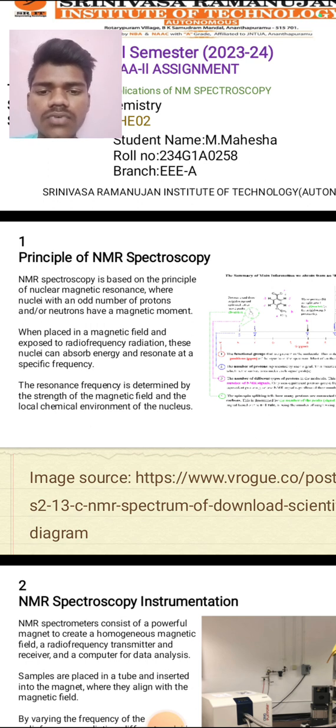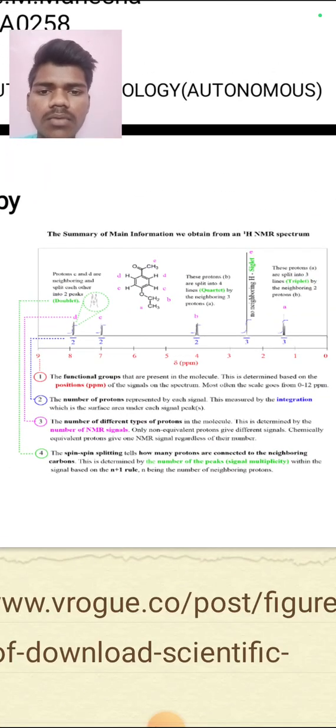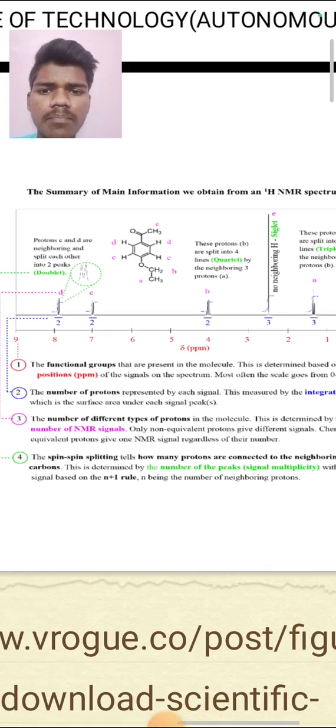The resonance frequency is determined by the strength of the magnetic field and the local chemical environment of the nucleus. The summary of main information we obtain from an NMR spectrum.